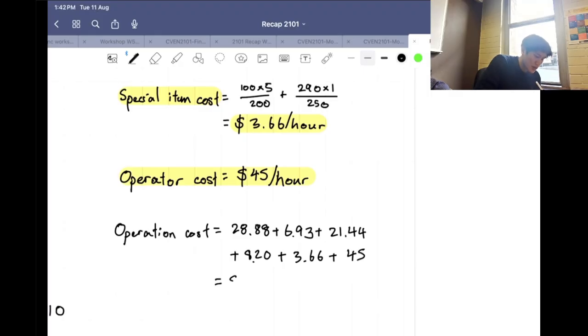And summing those all up, it should give you 114.11 per hour.